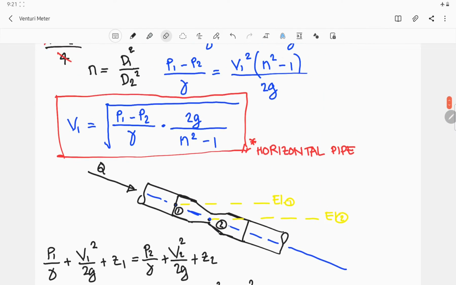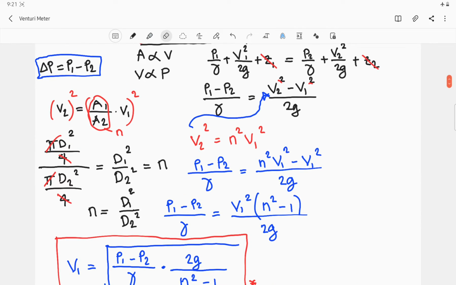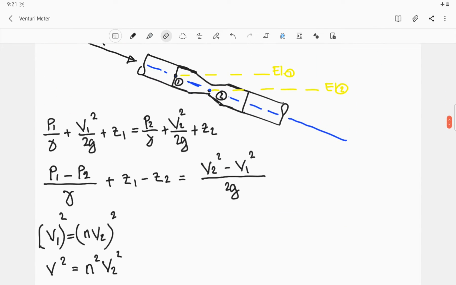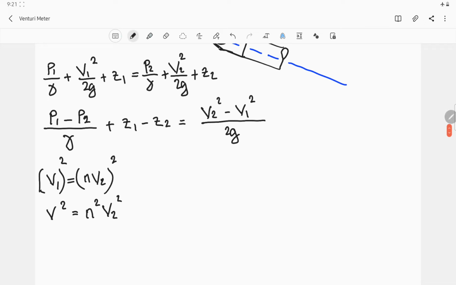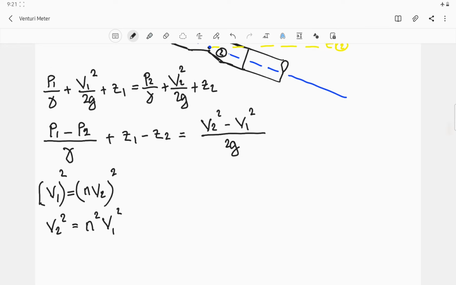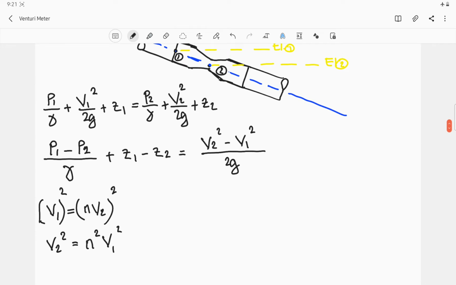This one should be, just like in our previous derivation, V2 is A1 over A2 times V1. Actually, it's okay to interchange. We can express V1 in terms of V2, but our N will also change.